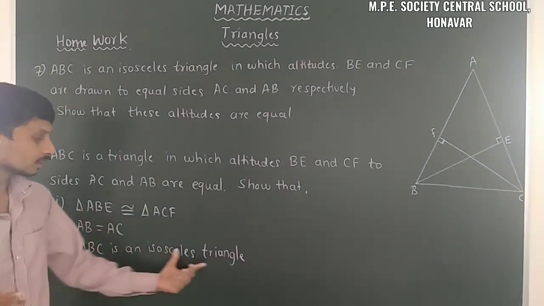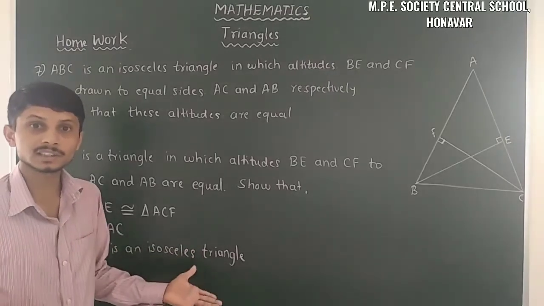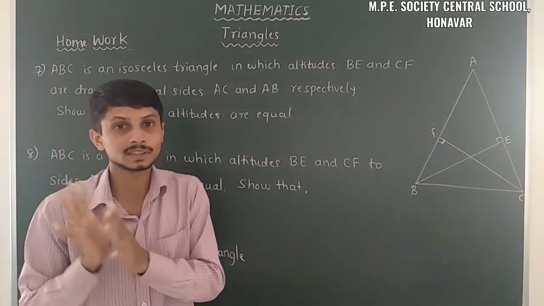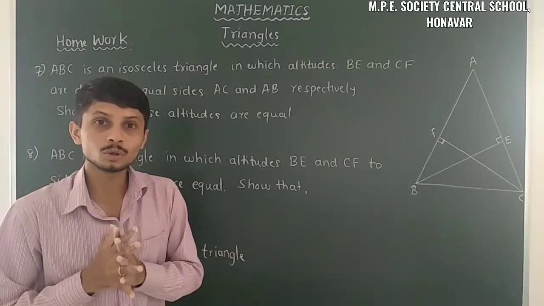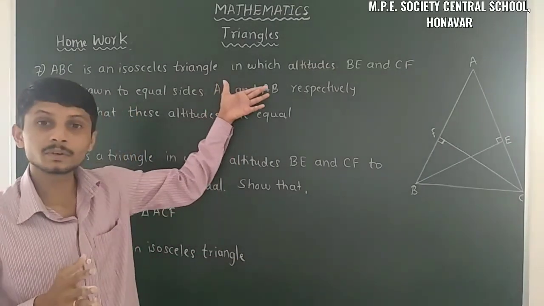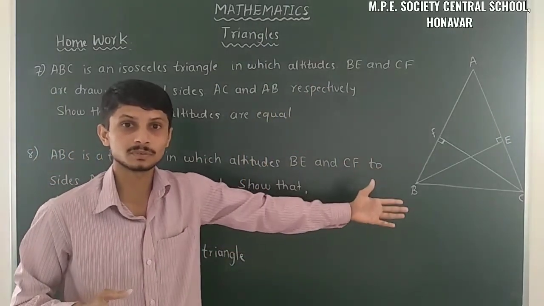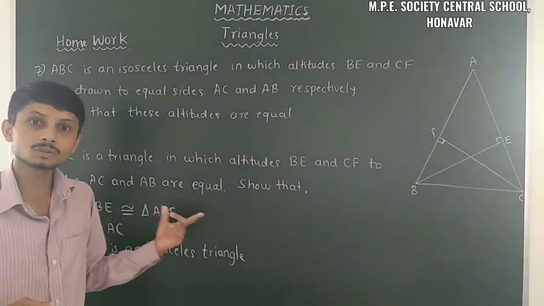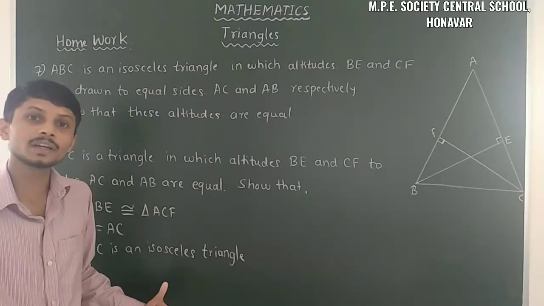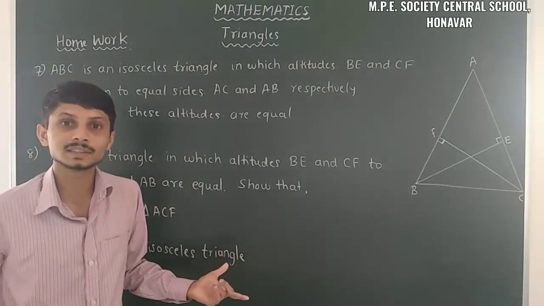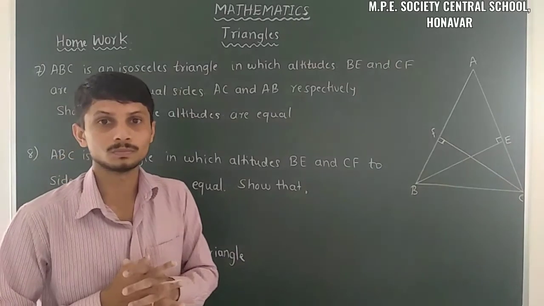That means the triangle is an isosceles triangle. It is the vice versa condition. Here BE is equal to CF is given, but you have to find out AB is equal to AC. So let us try it at home.